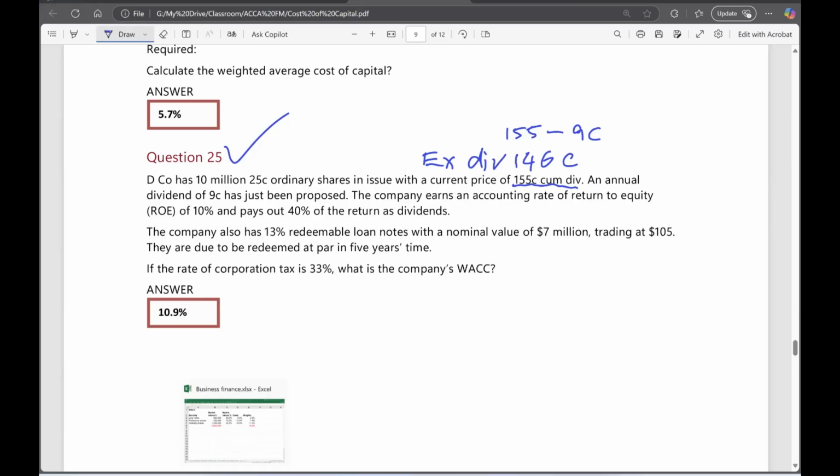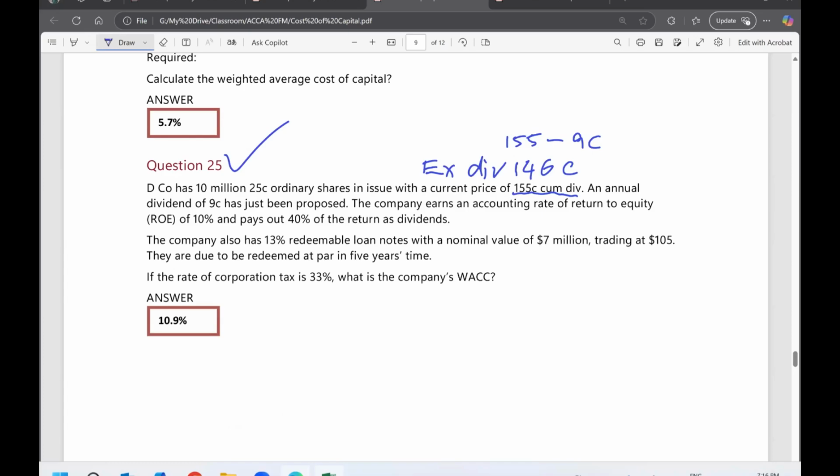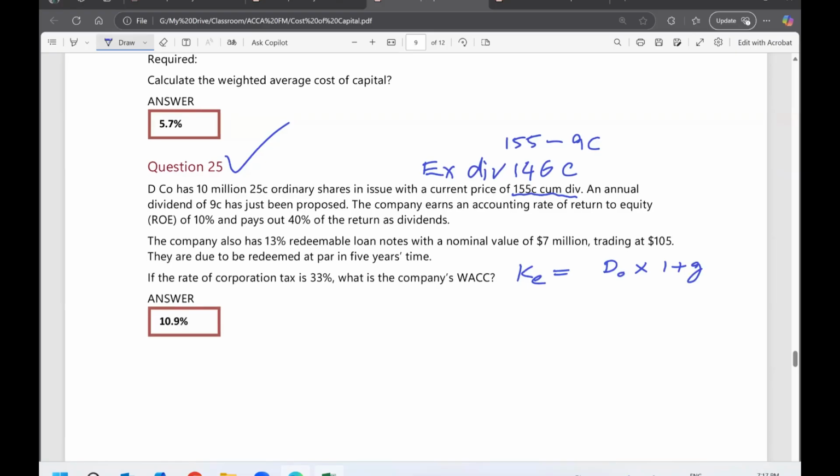So first you have to use here your dividend valuation model to find the cost of equity, okay, which is what? That's the formula we will use.